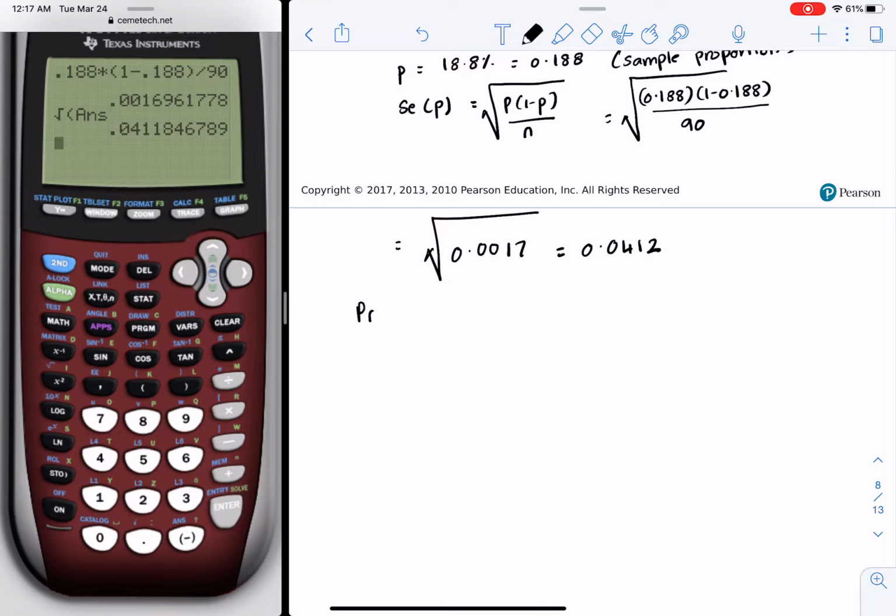So out of those 90, we want to find the proportion to be greater than or equal to 0.19, which is 19%. We know that the proportion has a mean of 0.188 and has a standard error, which is the standard deviation, of 0.0412. And we want to find the probability that p hat is greater than or equal to 0.19.